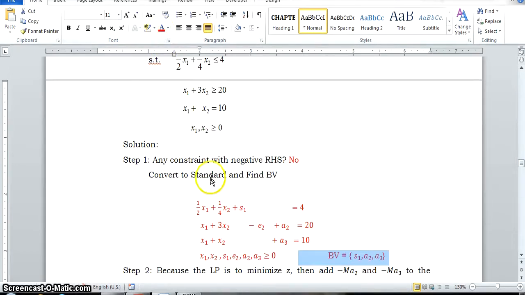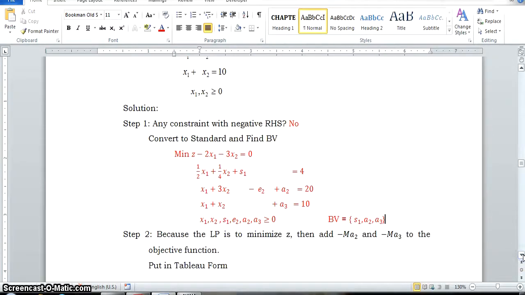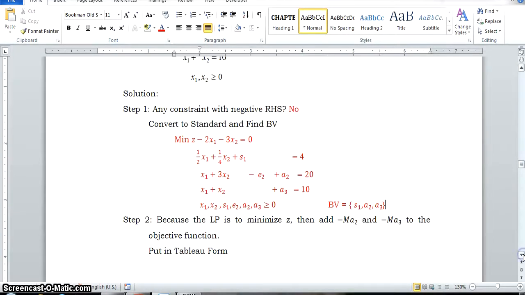For row 0, we transfer all variables to the left-hand side. Because we are solving a minimum problem, we add negative MA2 and MA3 to the objective function.